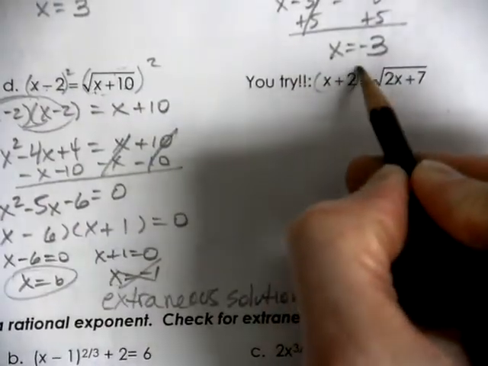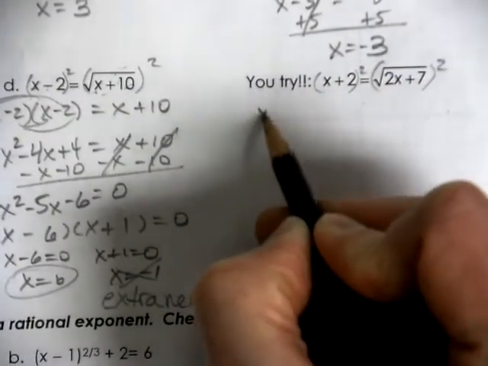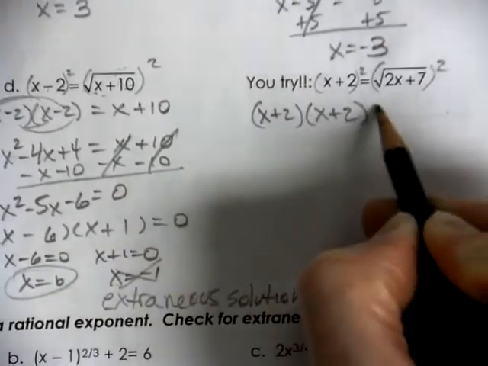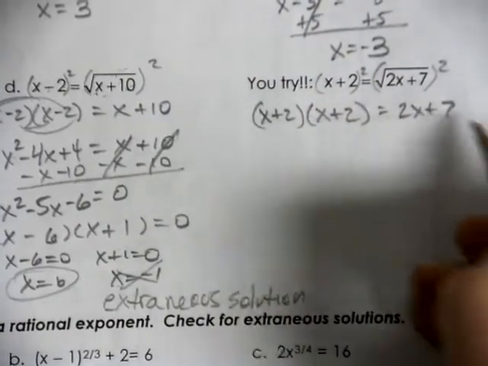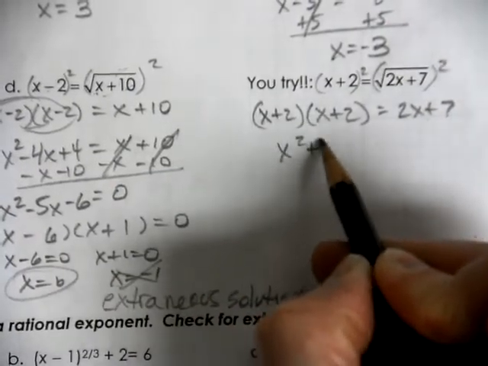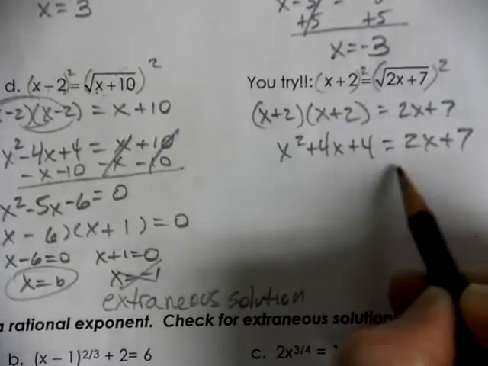So, of course, we're going to square both sides because we're working with a square root. That gives us x plus 2, and that has to be written twice. You cannot distribute it. That gives us 2x plus 7, because when you square a square root, you get what's inside. This would be x squared plus 4x plus 4.